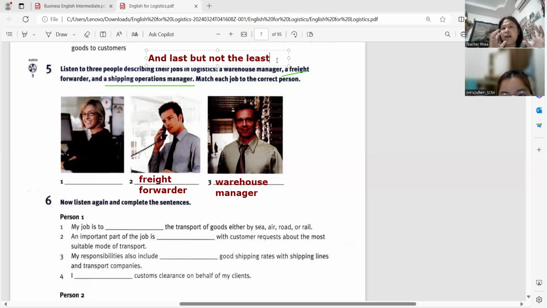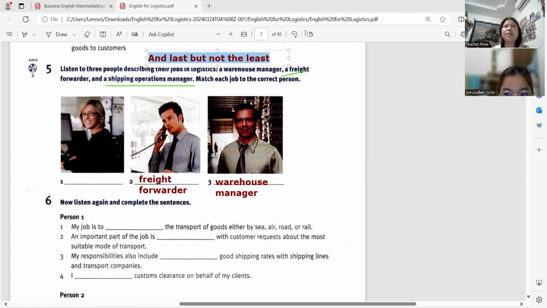It's the last thing that you would say in a sentence or in your story, but it doesn't mean that it has the least meaning, the smallest value.